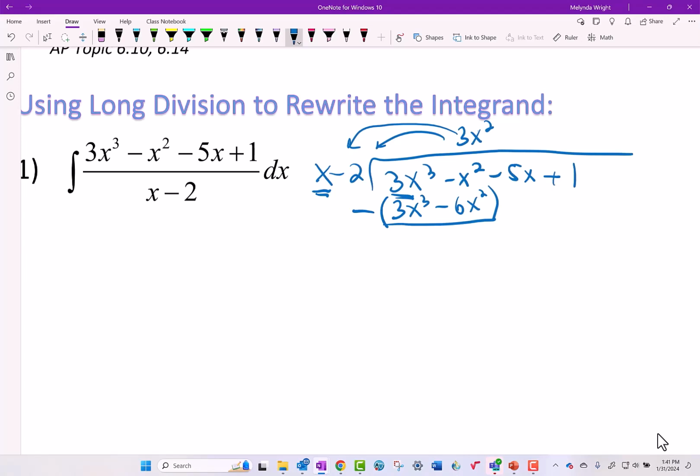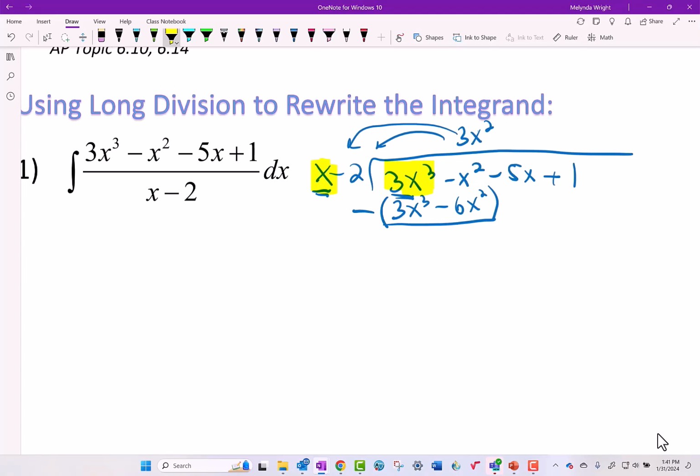Wait, hang on. How did you get that in divided by? So I have to ask myself, looking at this and this, what would I multiply x by to get 3x cubed? That's the question I ask myself. In other words, what is 3x cubed divided by x?